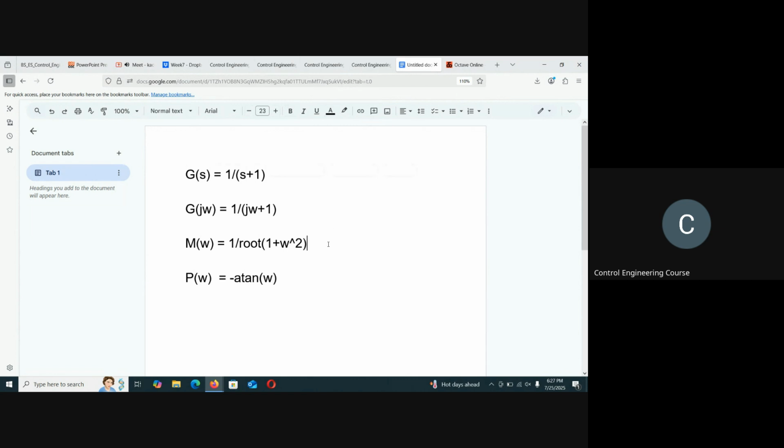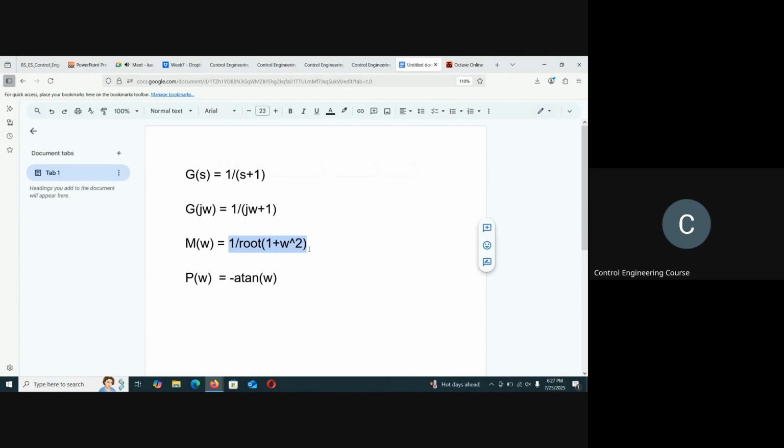So you see what is happening here is the magnitude kind of falls. It starts with 1 at omega equal to 0, and then it falls to 0 gradually as omega increases to infinity.